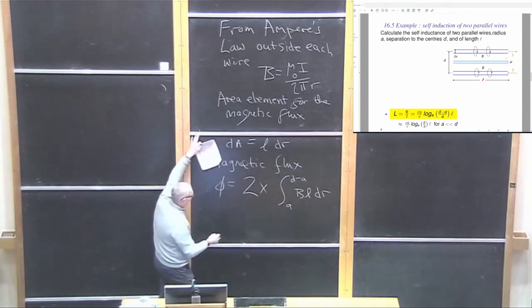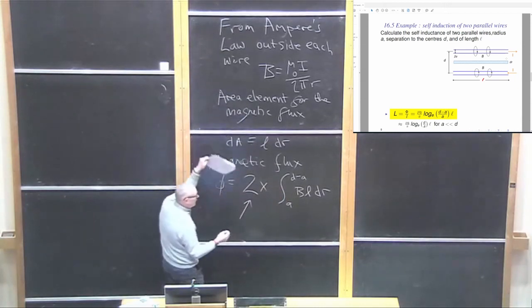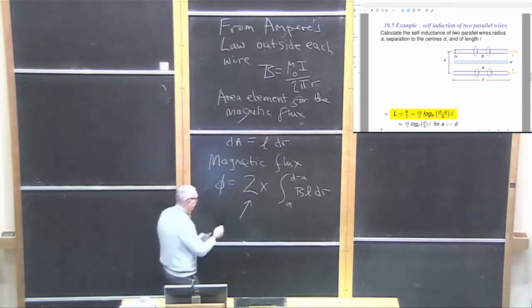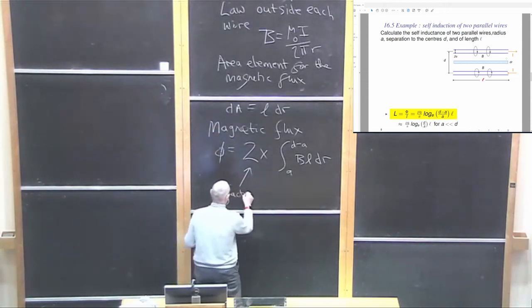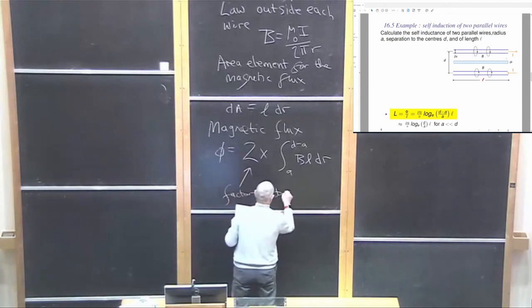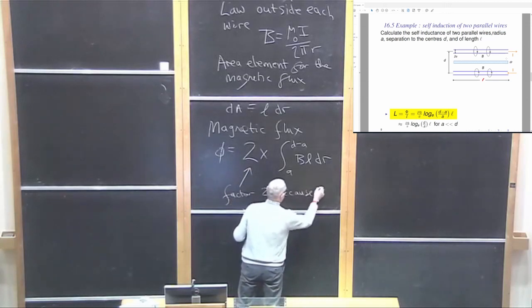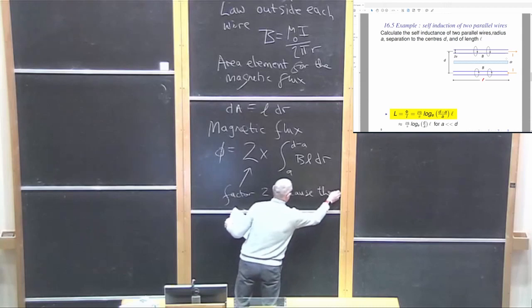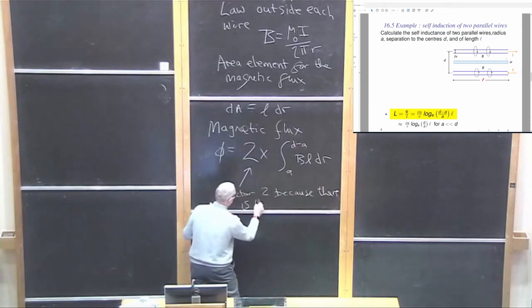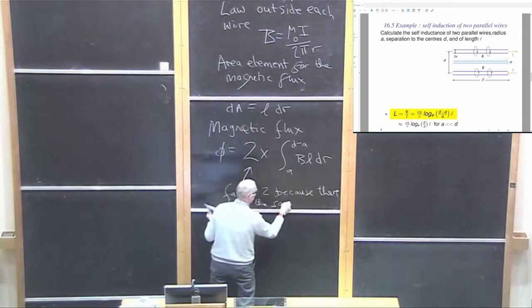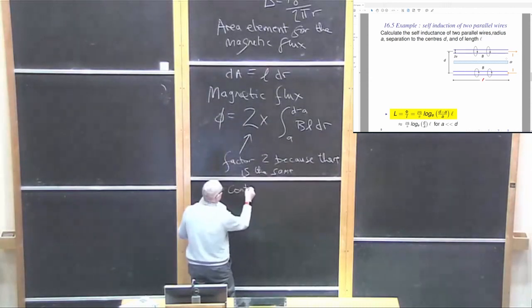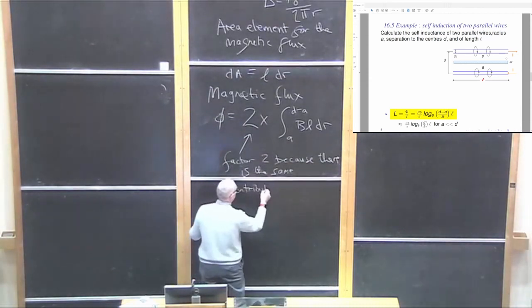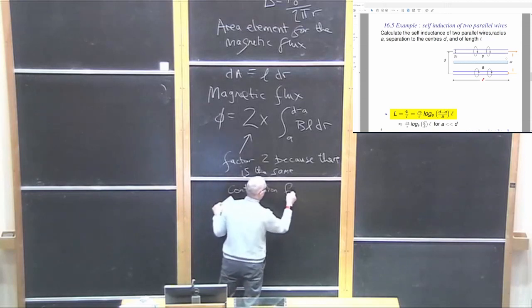What's this? This 2 is because there are 2 wires. Because there is the same contribution from the 2 wires.